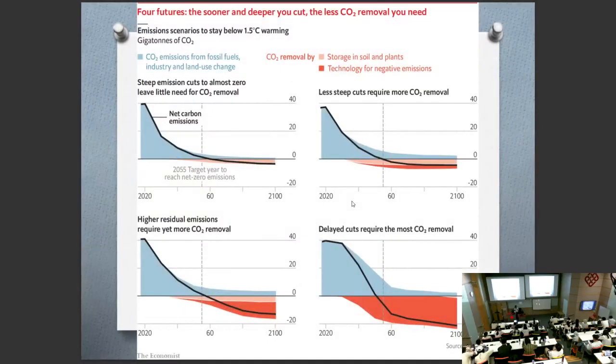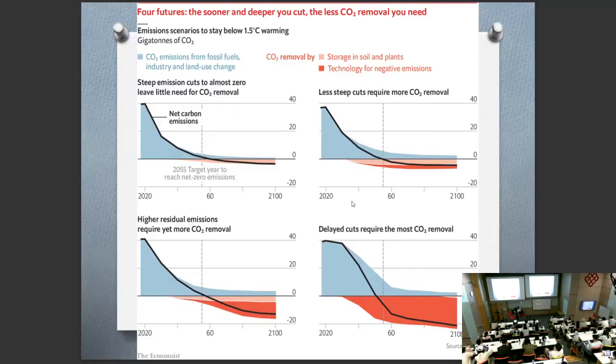Okay, these four figures show, so it suggests that the earlier you cut the carbon dioxide emissions, the less technology you need to employ in order to achieve net zero emissions.